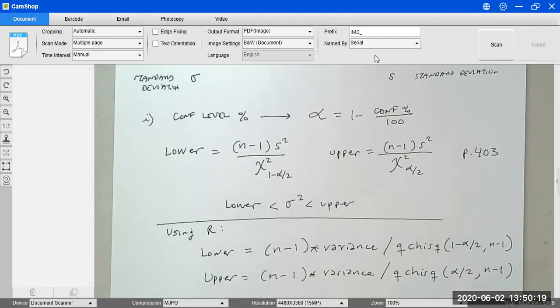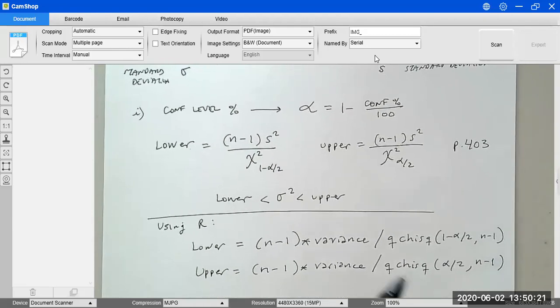Using R, I'm just writing here these formulas expressed in the way that you're going to be able to use the chi-square distribution. Be aware that I'm writing here just variance, but you need to enter here a numerical value or a function that computes the variance, but don't write variance only because our console is going to tell you that something is wrong.